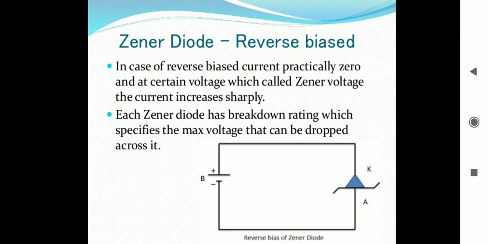In the circuit diagram of the Zener diode shown in front of you in the figure, the Zener diode is in reverse bias conditions. The reverse biasing means the n-type material, the n-type material means what?